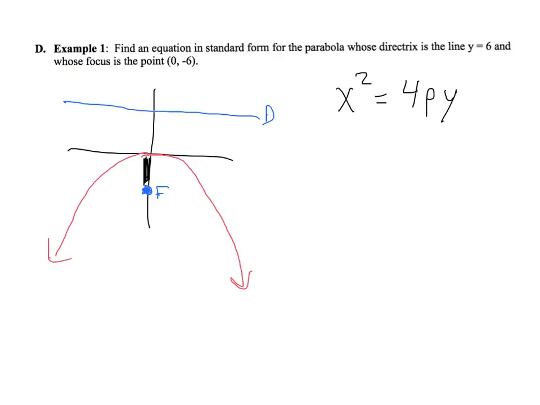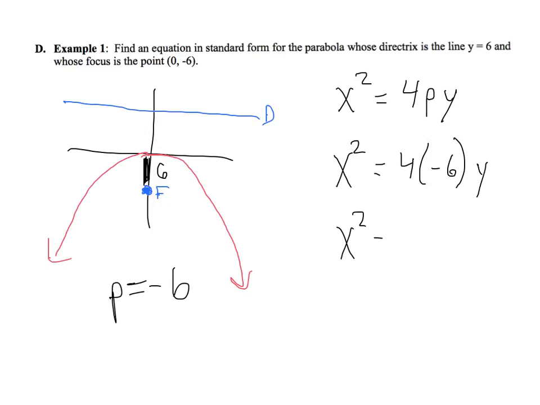And so if it started at (0, 0), it's going to go to (0, -6). The distance is 6, and because it's opening down, I need to say that p would equal negative 6. Okay, so my formula for this would equal x squared equals 4 times negative 6 times y, or x squared equals -24y.